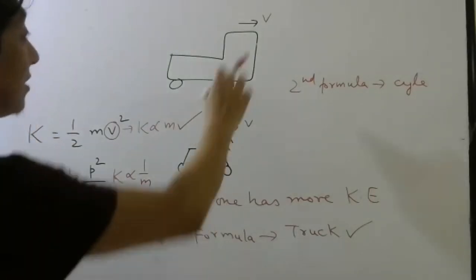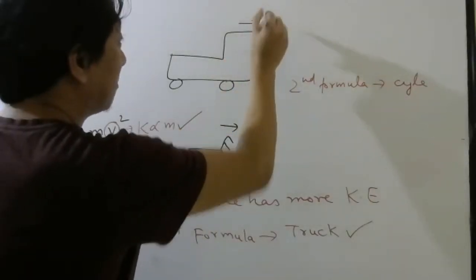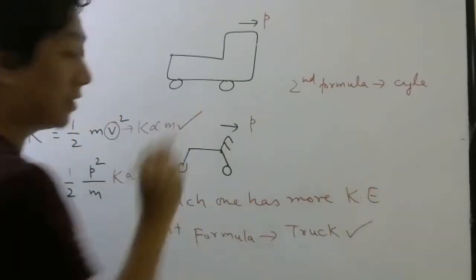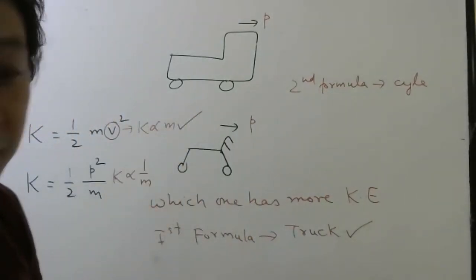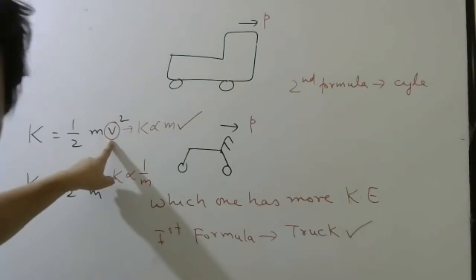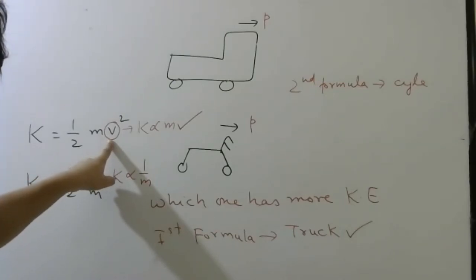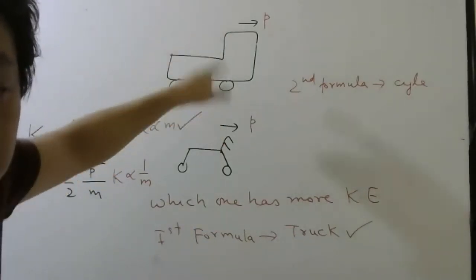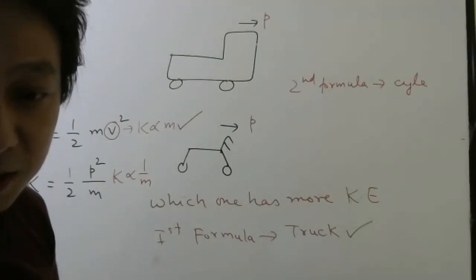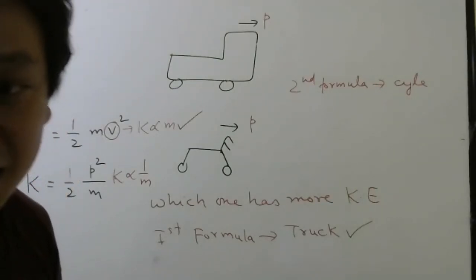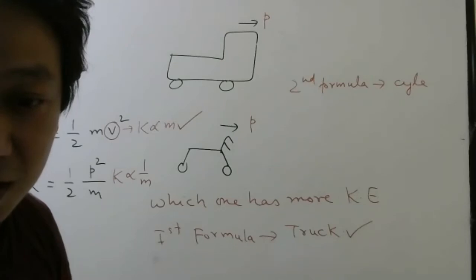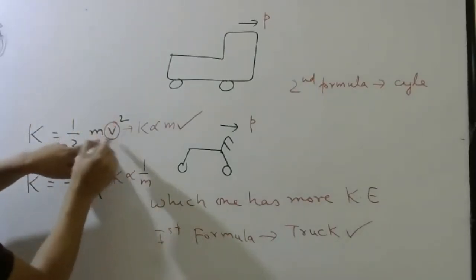But what if they say both have the same momentum? If momentum is constant for two different masses, how can velocity be constant? So now velocity is not constant.